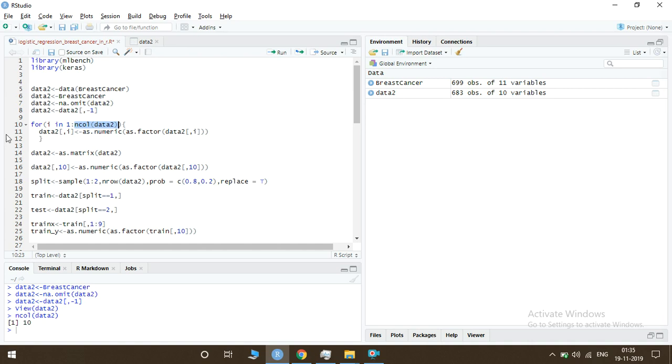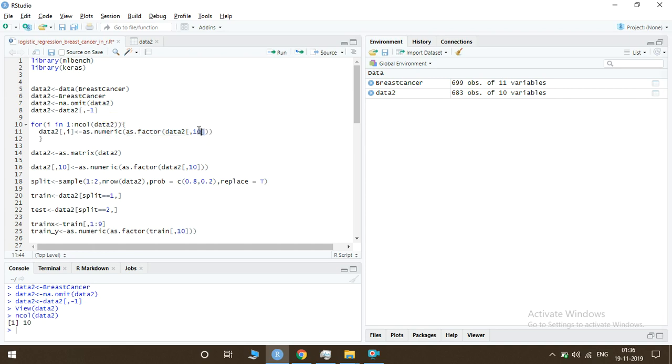Let's go ahead and run. Okay, so what I've said is that first convert every character into a factor, and those factors would be converted into a numeric form. All right, let's take an example.